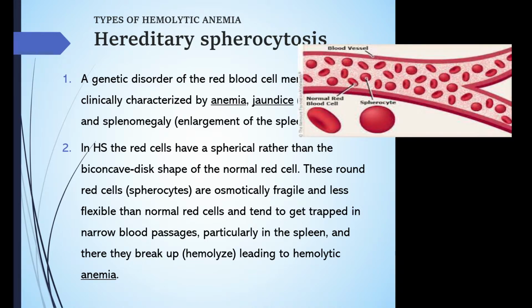As we know, red blood cells are usually biconcave discs, but in hereditary spherocytosis they become spherical in shape.